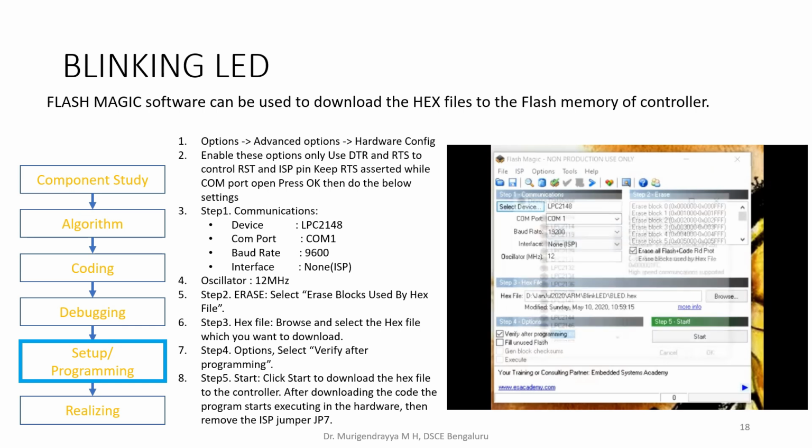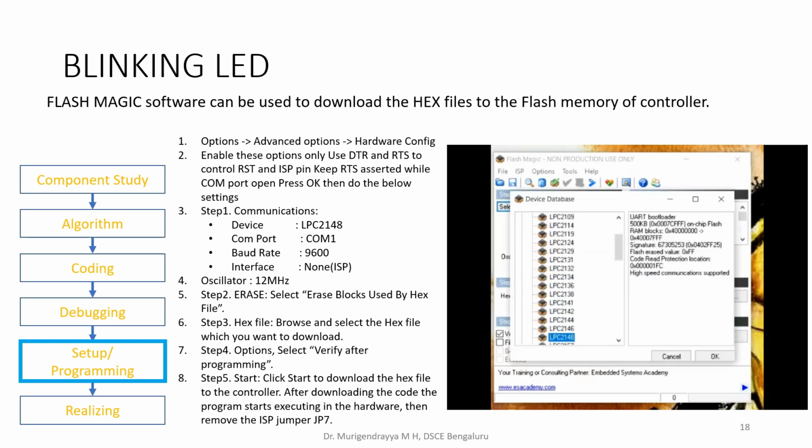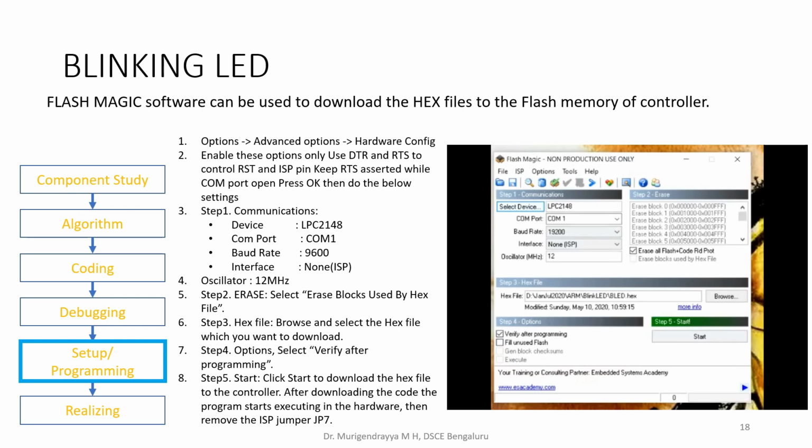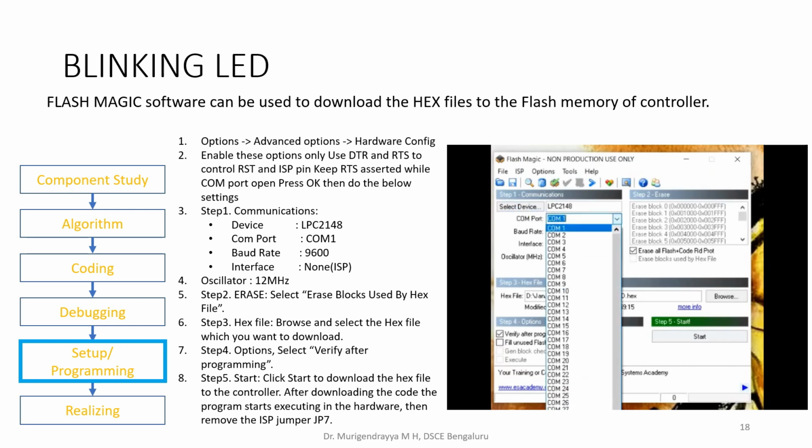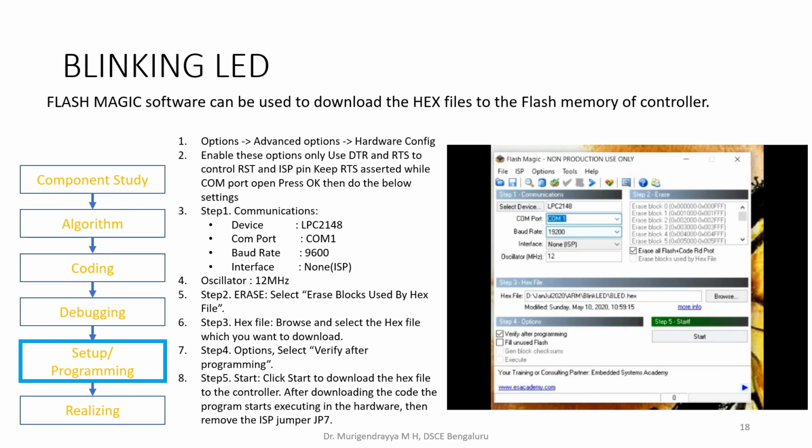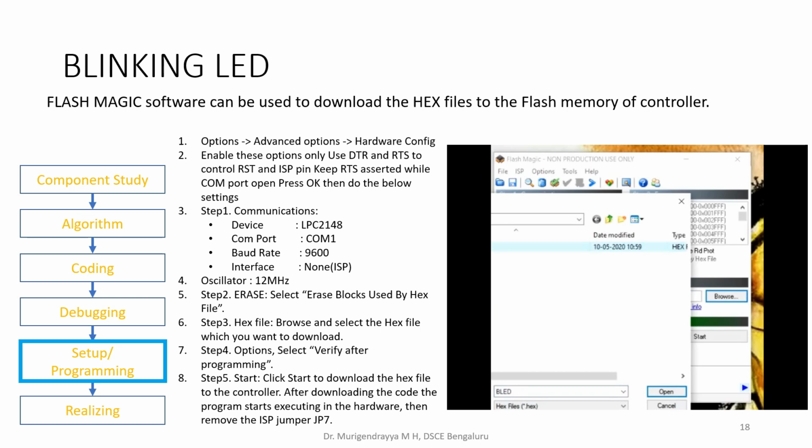Then select the device specification, LPC, the target device LPC21, and COM port. Make sure which COM is connected to your computer. Specifically COM1, and you have to fix the baud rate at 19200, and this has to be non-ISP, and usually you have to consider a 12 megahertz clock frequency.